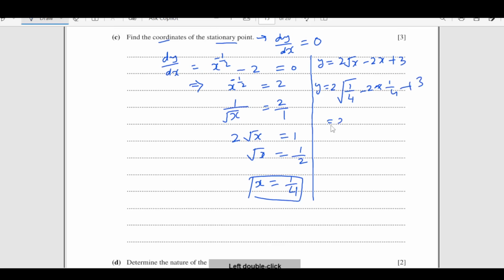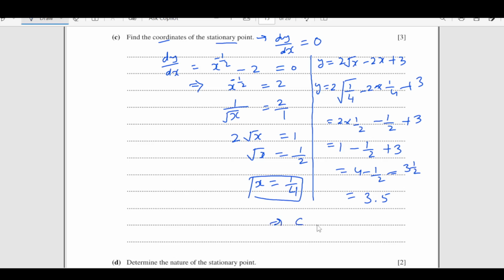So, this is 2 times 1/2 minus 1/2 plus 3. So, we have 1 minus 1/2 plus 3. So, 3 plus 1 is 4, 4 minus half is 3.5. So, the coordinates are (1/4, 3.5).